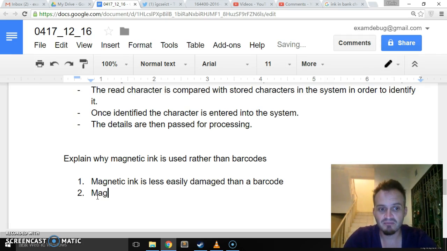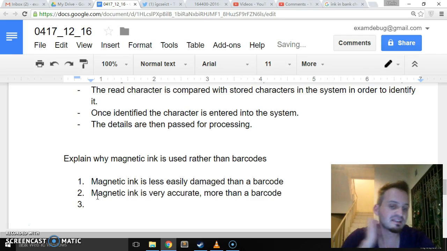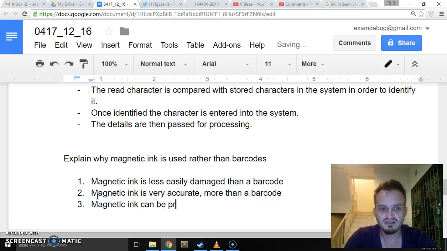Magnetic ink is very accurate. I think more than a barcode. What else could we say about magnetic ink? I think magnetic ink can be processed very quickly compared to barcodes.